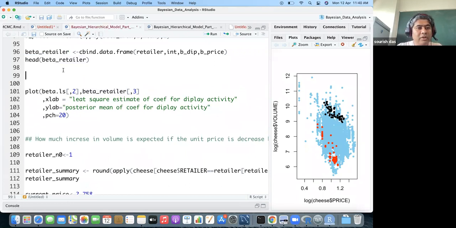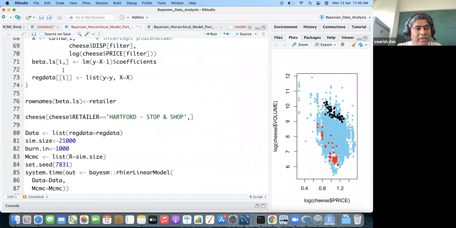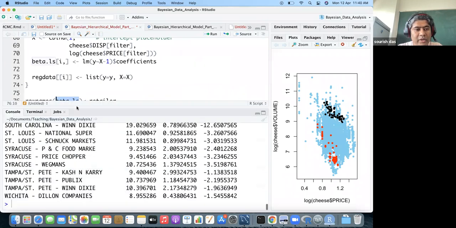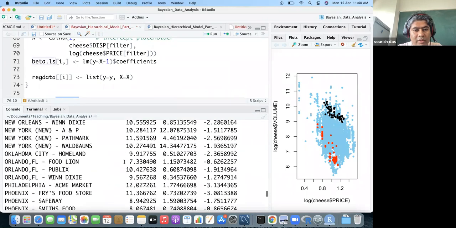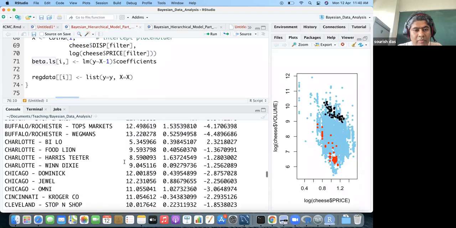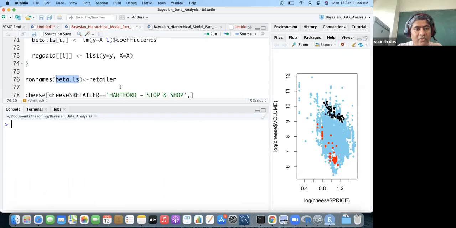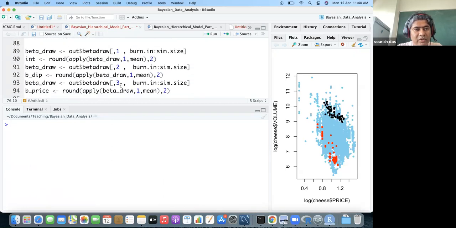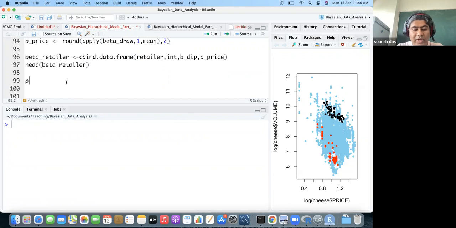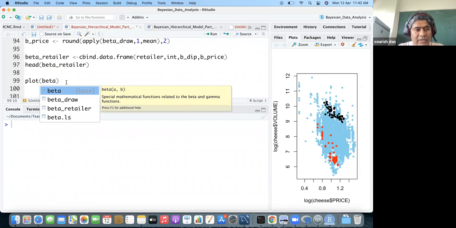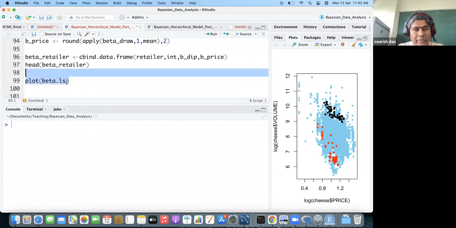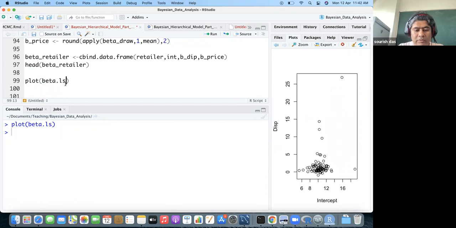Also, beta.ls was my estimated OLS coefficient. So we can compare them next to each other. Let me plot beta.ls.